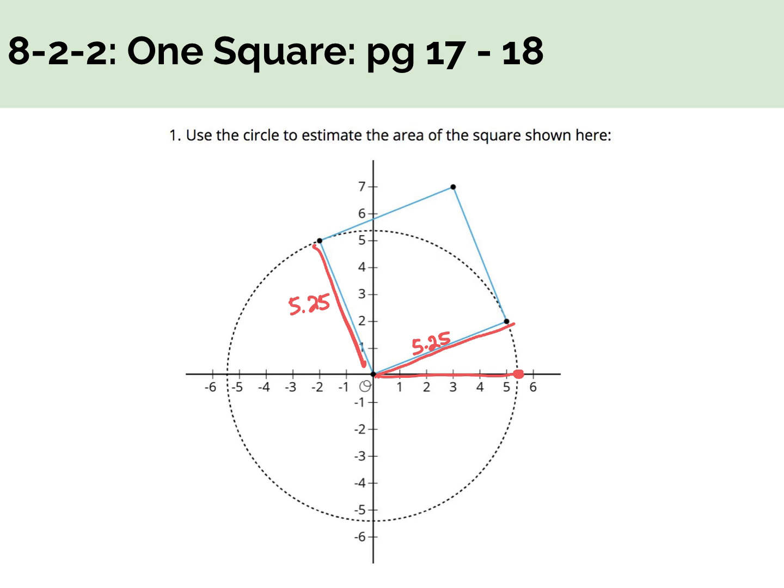So let's find the area of the square on there. It's drawn a little weird, but let's do 5.25 times 5.25. This area is 27.56. So we can say about 28 square units.